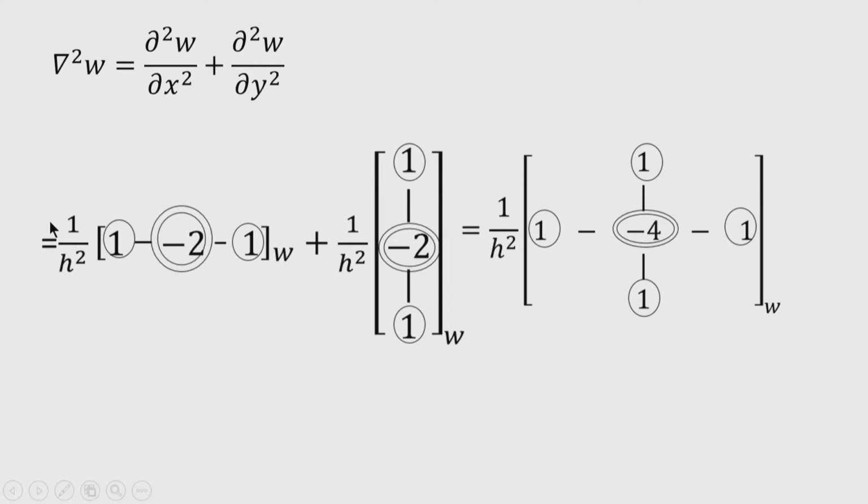So, now write in the stencil form, del square w by del x square I have written here, plus del square w by del y square I have written, because this is derivative with respect to y and this is derivative with respect to x. So, same thing is there, but one is rotated by 90 degrees upward.